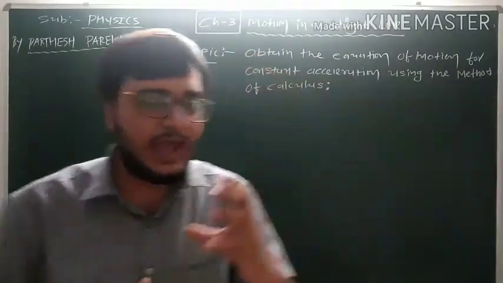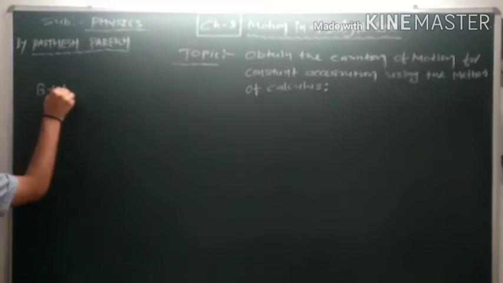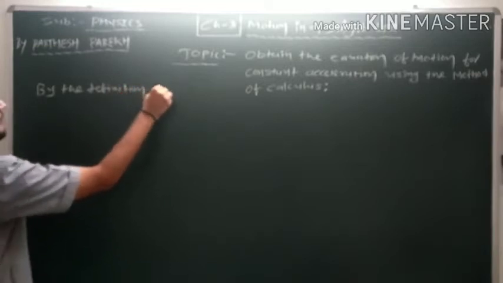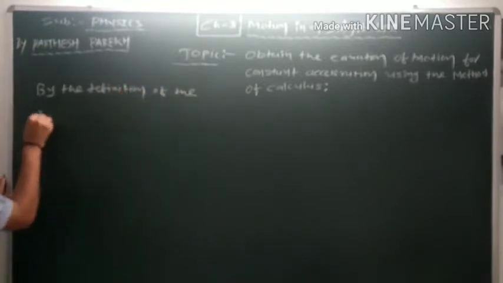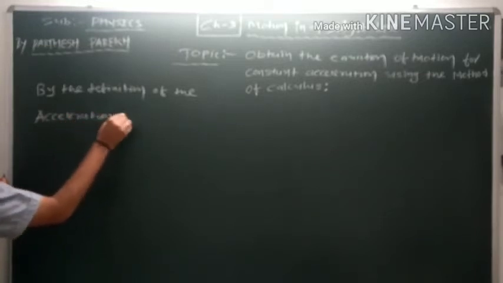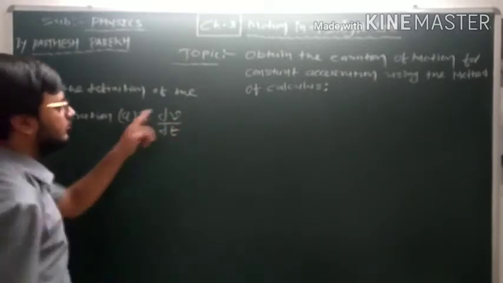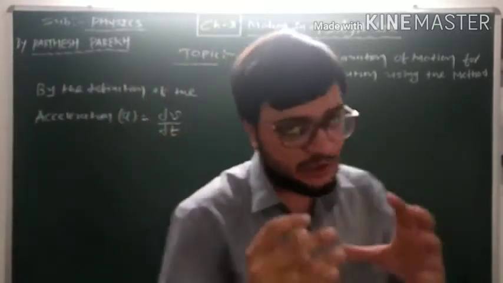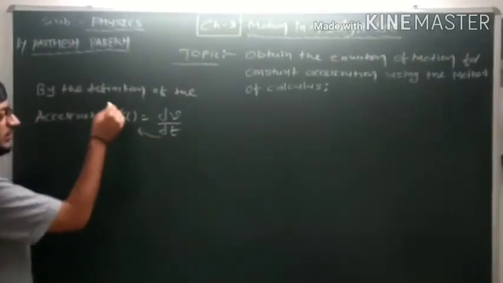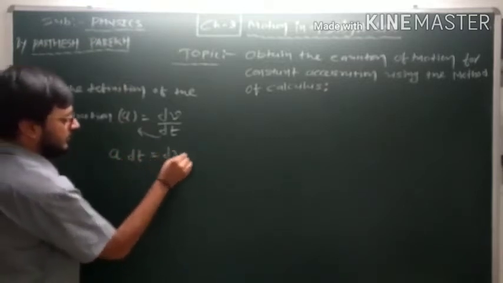So by the definition of acceleration, we can write a = dv/dt, the change in velocity with respect to time. It gives acceleration. Here dt goes to the other side, so we get dv.